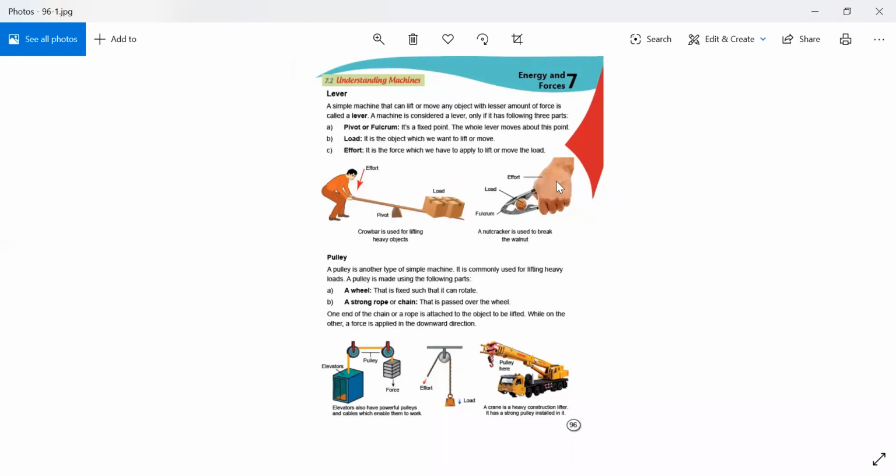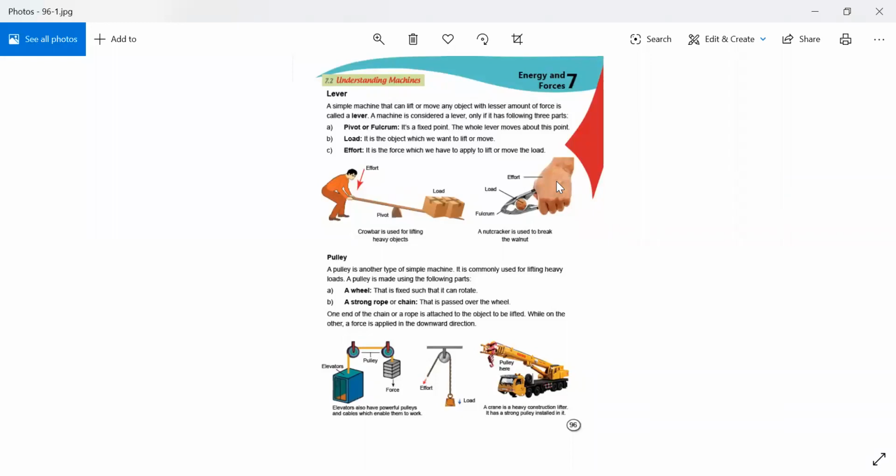Coming to pulley. A pulley is another type of simple machine. It is commonly used for lifting heavy loads. A pulley is made using the following parts. So, beta, a pulley is another type of simple machine and we use it for lifting heavy loads.